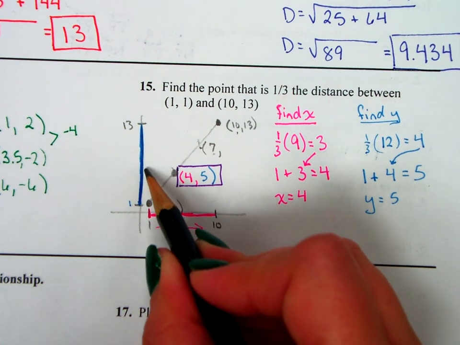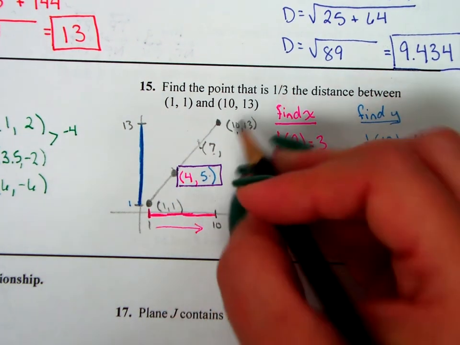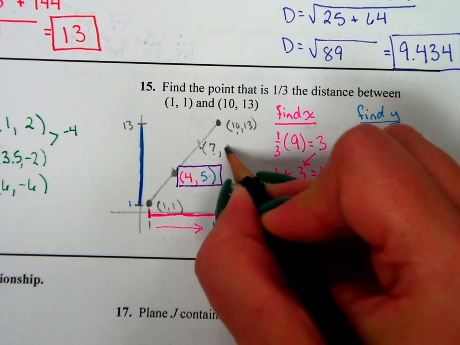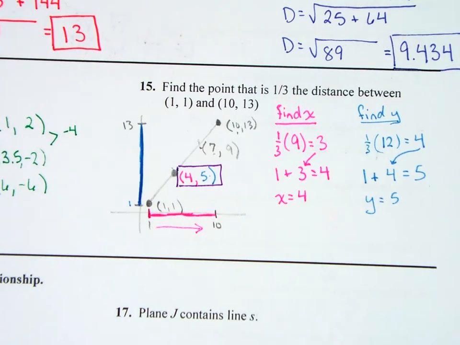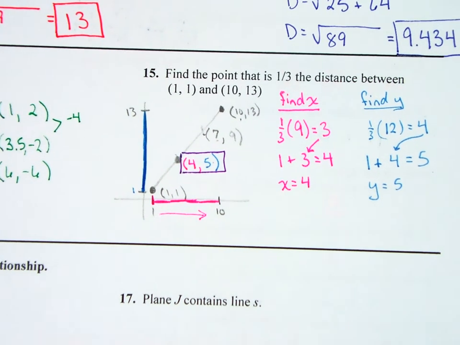So from the 1, I went up 4 units. That gets me to 5. I go up 4 more units. That gets me to 9. And then if I go up 4 more units, I'll end up at 13. So now I've also kind of showed you where 2/3 from 1 is.